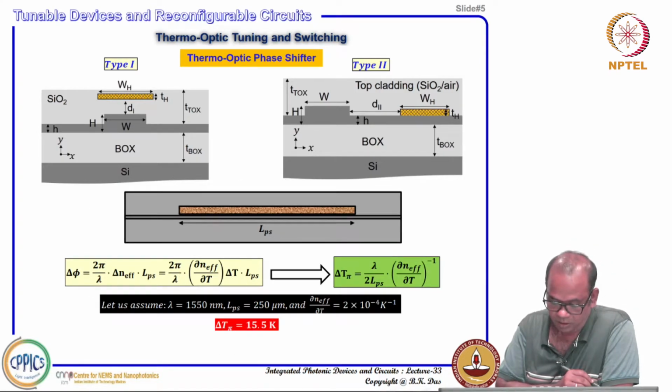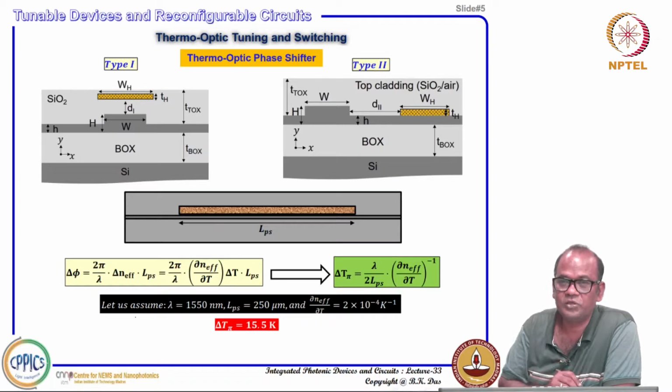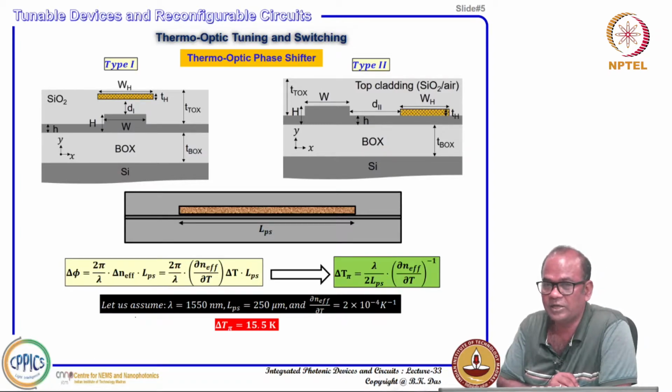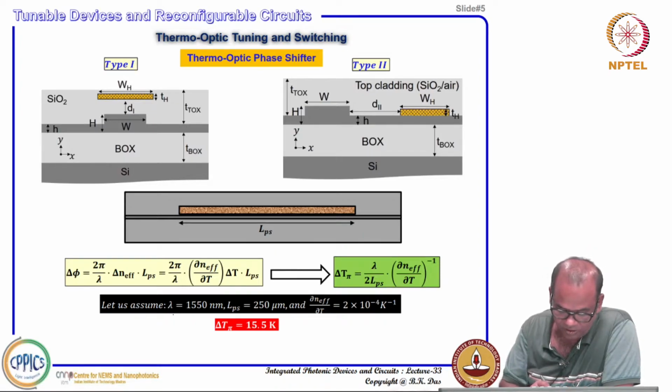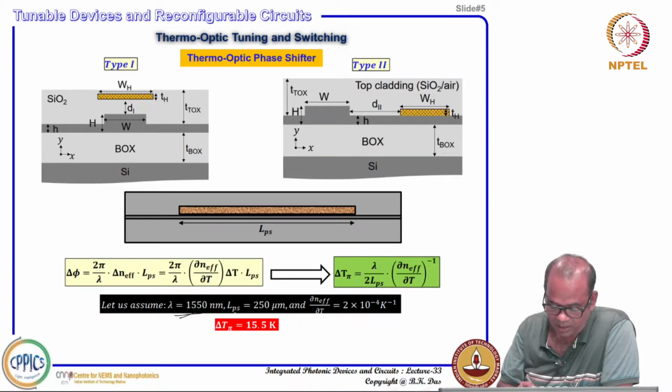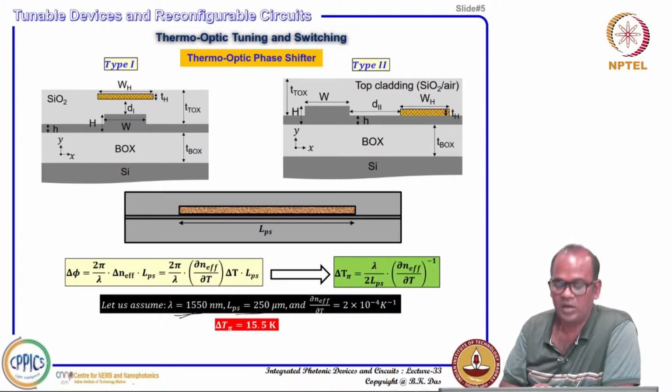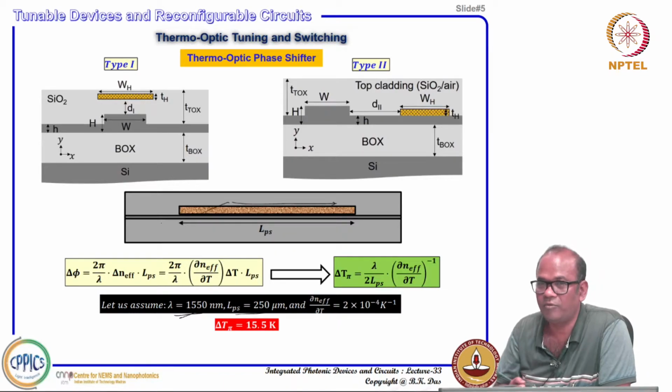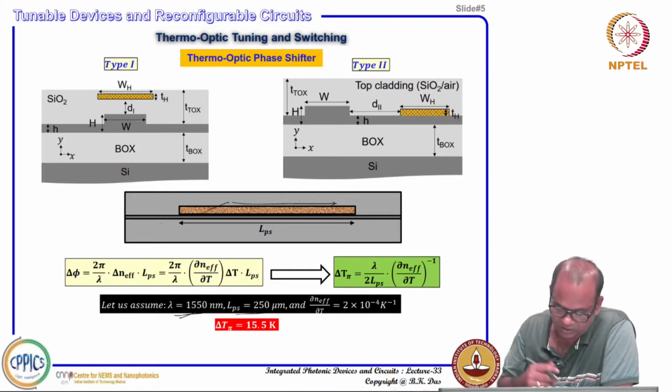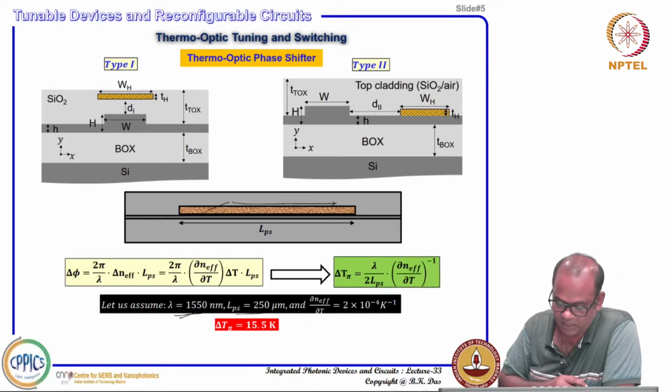So, now let us assume, just to see quantitatively how much temperature increment is required for pi phase shift. Let us assume operating wavelength is lambda equal to 1550 nanometer, and phase shifter length is 250 micrometer. Just sufficiently long we have considered. It can be 10 micrometer, it can be 5 micrometer, it can be anything, depending on that other parameters have to be adjusted.